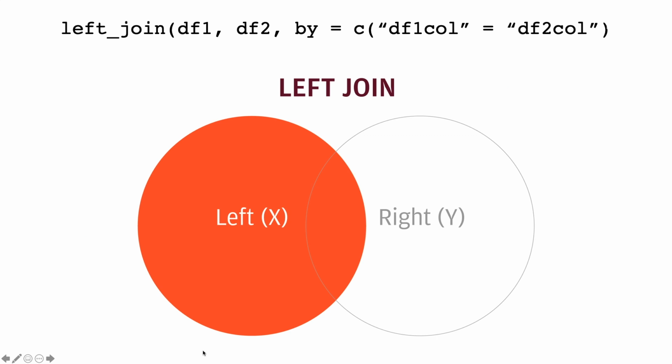If the join columns have the same name, all you need is left_join(x, y). If they don't have the same name, you need a by argument. Note the syntax here. It's a vector: left data frame column name equals right data frame column name, both names in quotation marks.